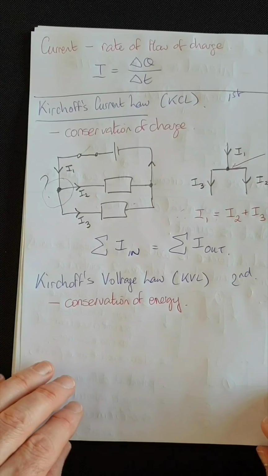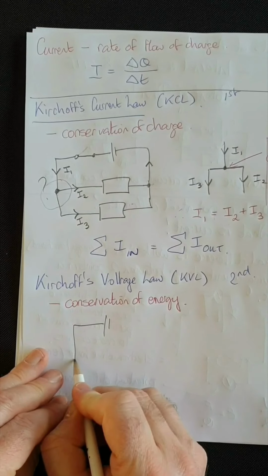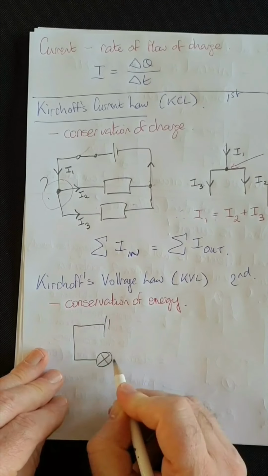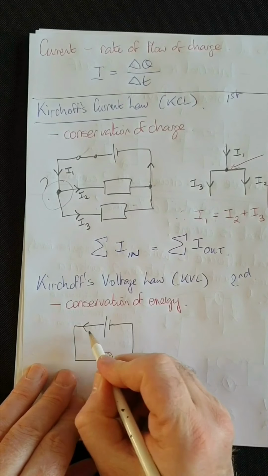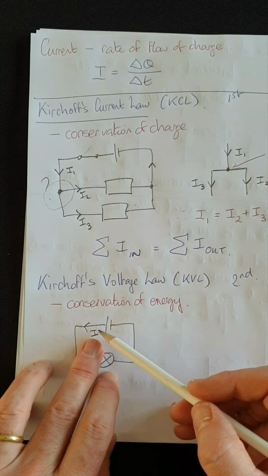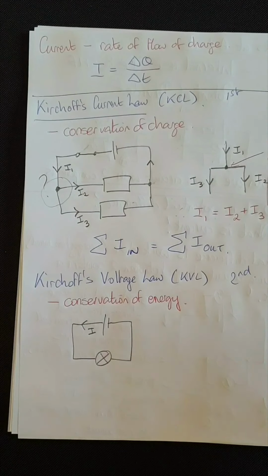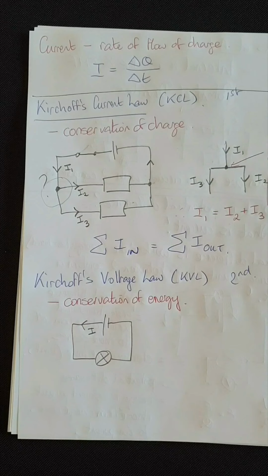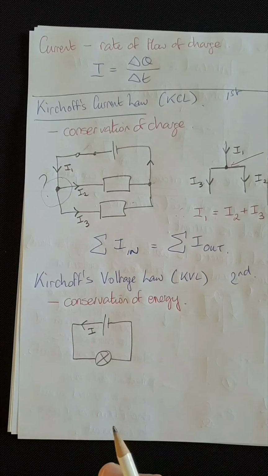And here what I'm saying is, if we look back at our very simple circuit that we saw where we had a cell and a lamp, through the operation of this circuit, the energy that's been transferred to the charge carriers cannot be created or destroyed. We cannot add any extra energy through the operation of this circuit, and we cannot make any of the energy disappear. It can only be transferred from one form to another.